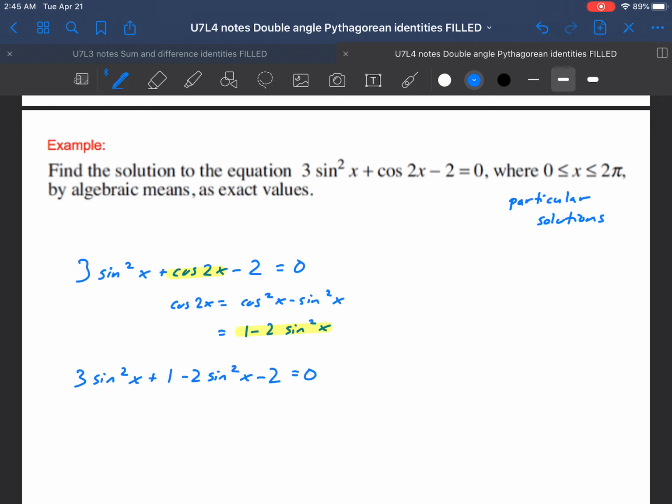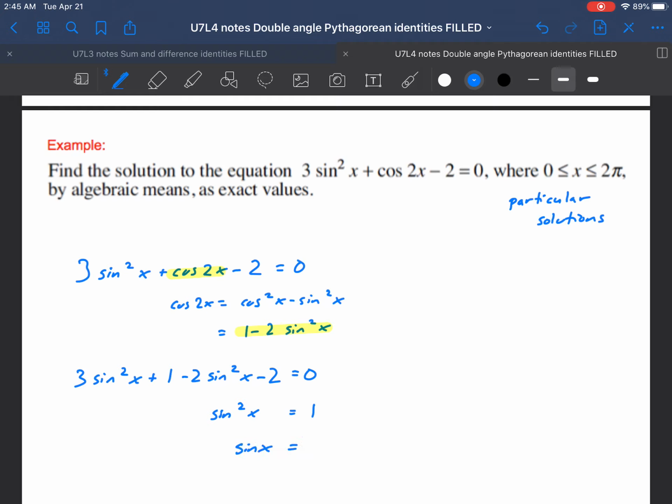And now I can group stuff together. 3 sine squared minus 2 sine squared is 1 sine squared. So I've got sine squared x. And then numerically, I've got a 1 minus 2, that's negative 1. When I move it over, it becomes positive 1. So, got sine squared x equals 1.